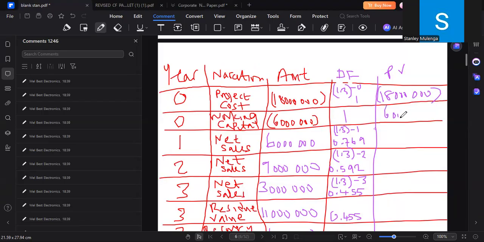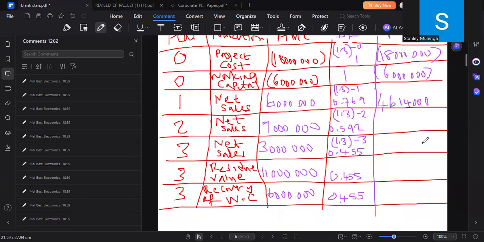Then 6 million by 0.769 is 4 million 614,000. 9 million by 0.592 is 5 million 328,000. 3 million by 0.455 is 1,365,000. 11 million by 0.455 is 5,005,000.